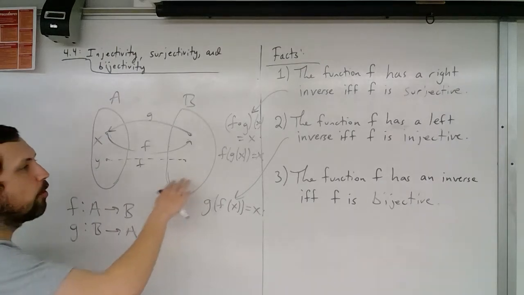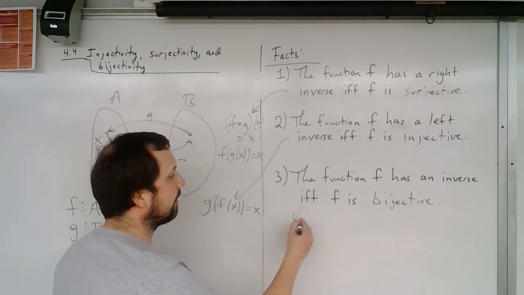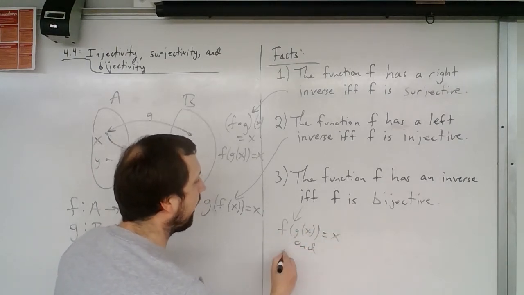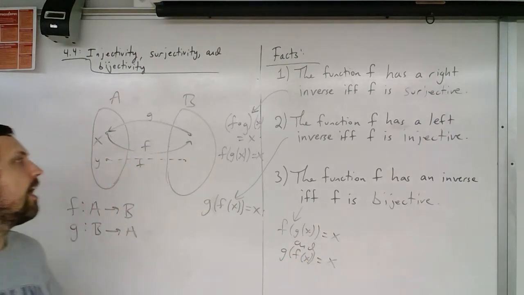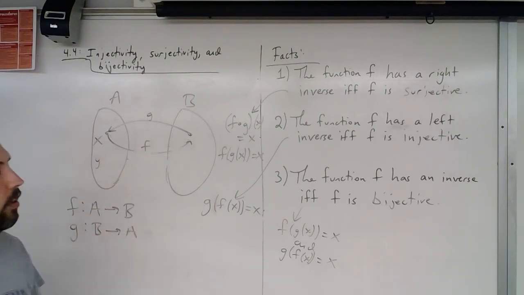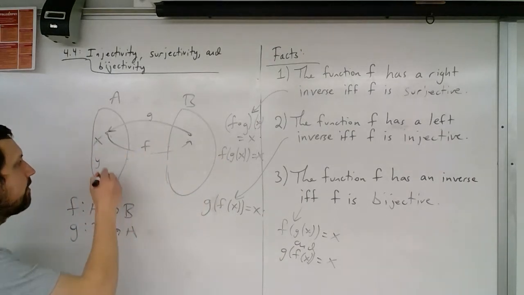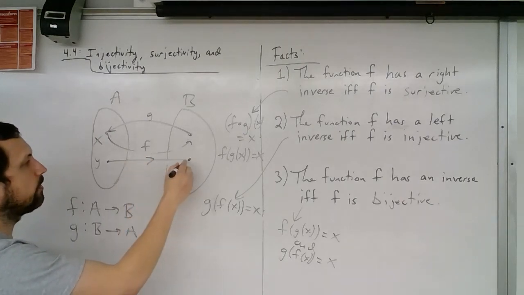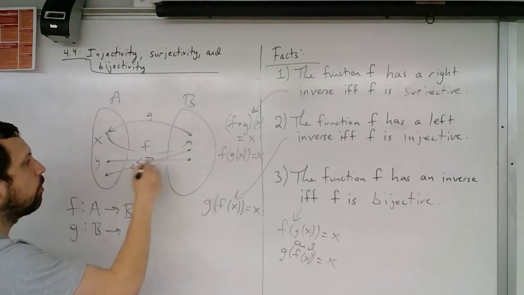So now if we look at this statement about it being bijective, what we're basically saying is that f of g of x is equal to x and g of f of x is equal to x. And as we saw in the example of the two functions being bijective, every element here is going to have a unique buddy over here that it gets mapped back and forth to, and everything over here has one and only one.